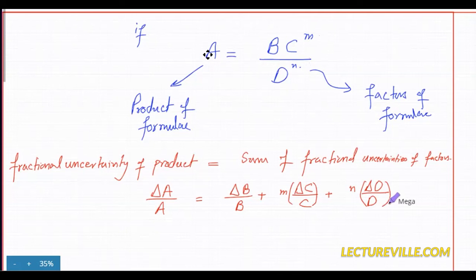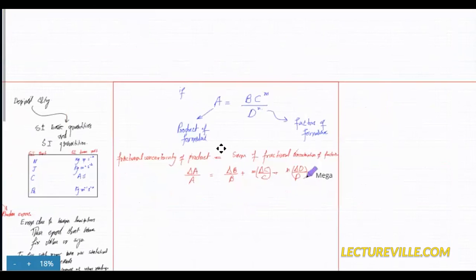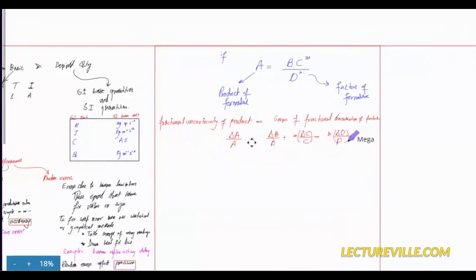A is already calculated in the previous part, but uncertainty is missing, and then we use this formula to find delta A. Okay. So we can continue from the same point tomorrow.